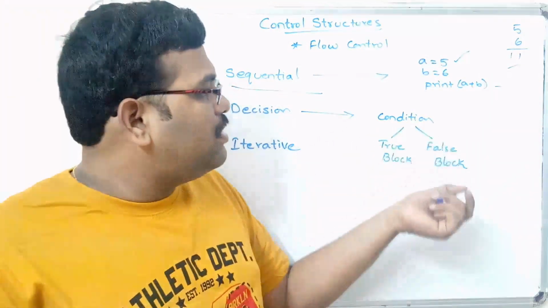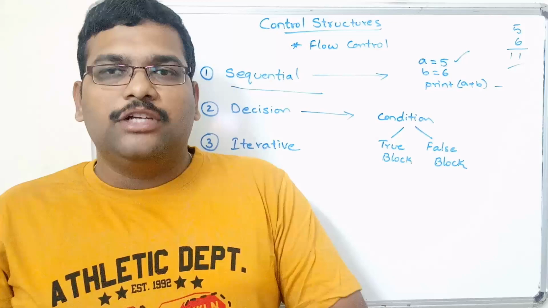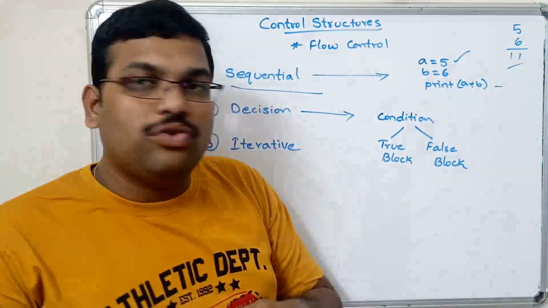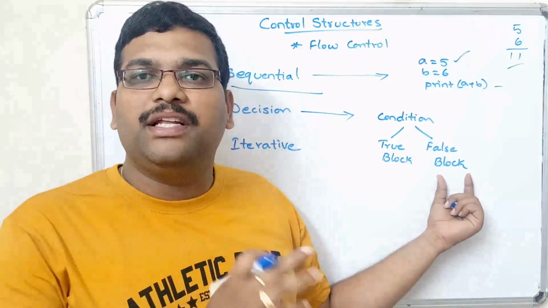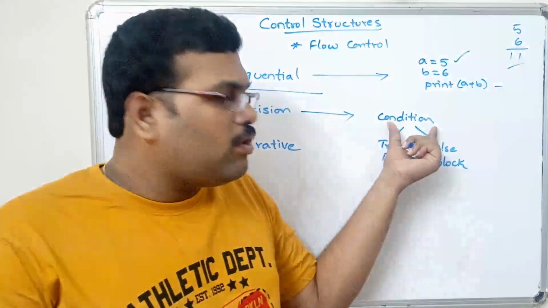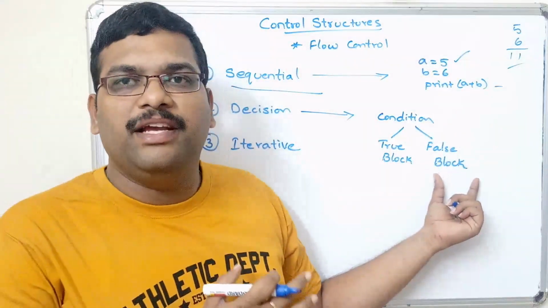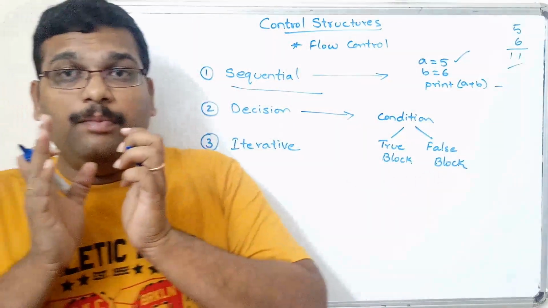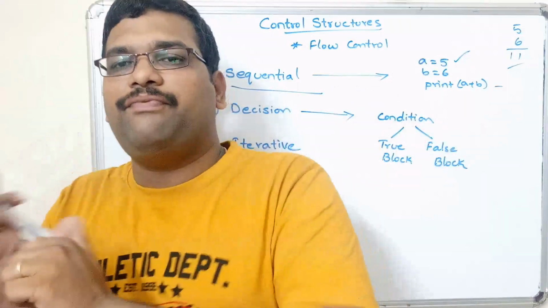If this condition or expression is true, then some set of statements will be executed and the others skipped. If it is false, the true block will be skipped and only the false block will be executed. So the control flows only in one direction, either true or false.